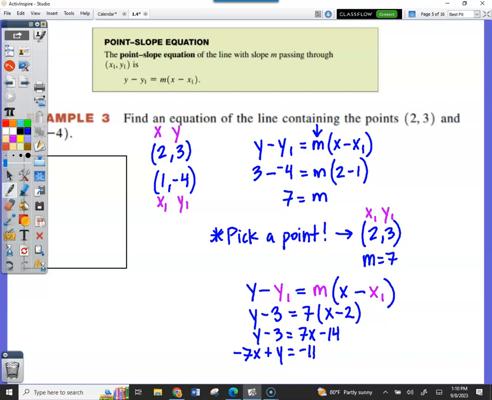And then the other caveat to standard form is your leading term should always be positive. This is technically not standard form. You need to multiply the whole thing by -1 so that your leading term is positive.